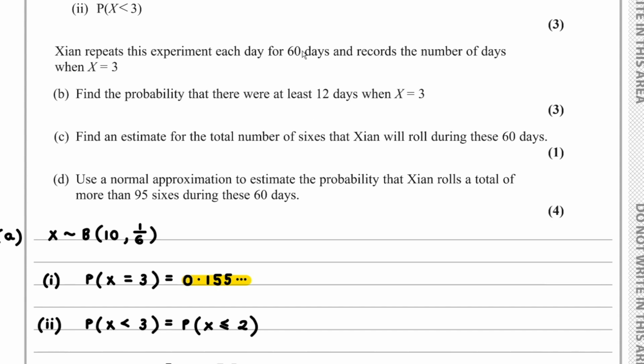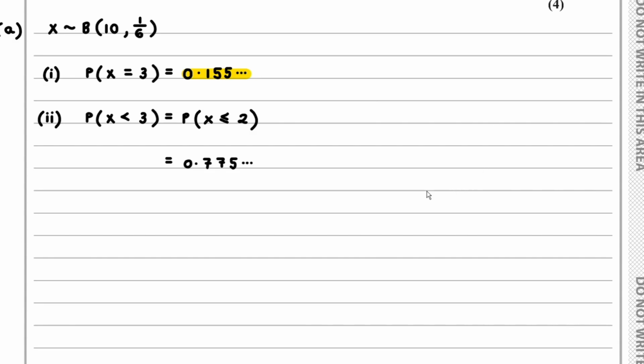This time, we have 60 days, and we know the probability of X equaling 3, that's equal to 0.155, etc. Hence, for part B, this time, Y is binomially distributed with parameters 60 and 0.155, etc.